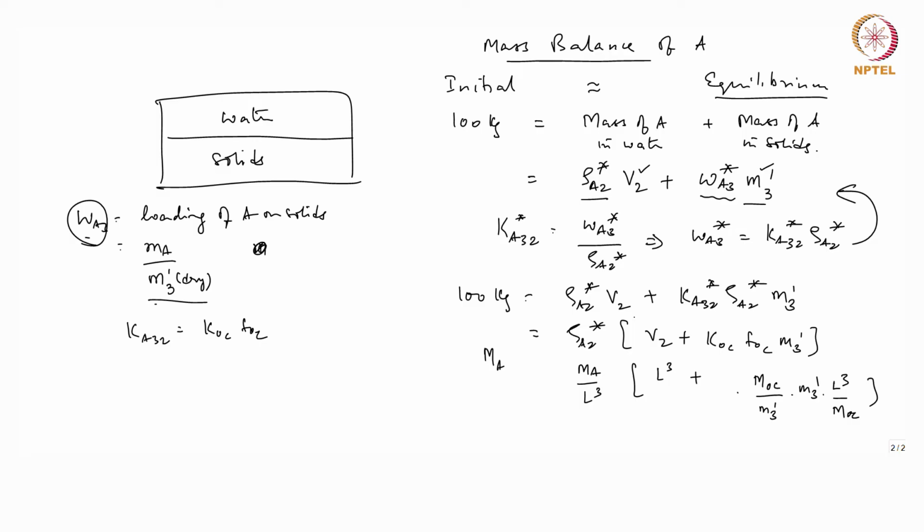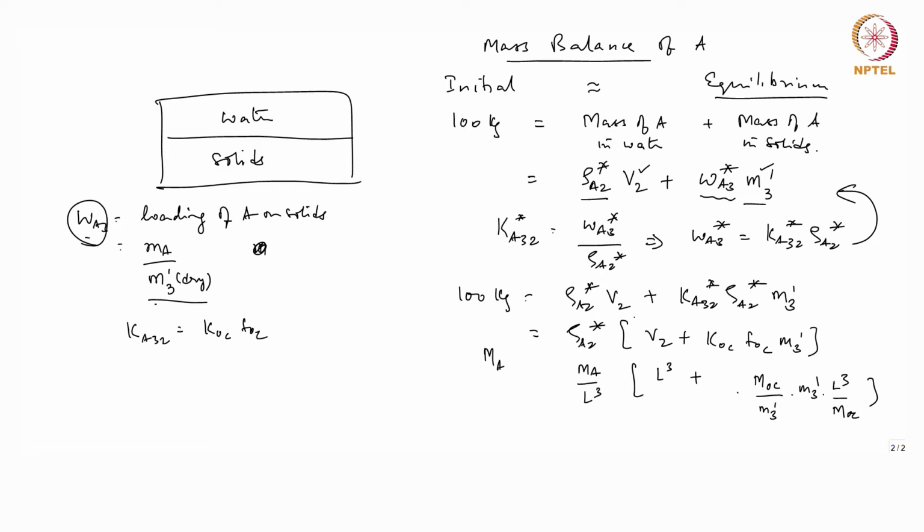Okay. Sometimes rho A2 star is also solubility, so we have solubility in this problem also, so that is why I keep it separately. That is also equilibrium, this is different equilibrium, that is different equilibrium. So, there is a lot of nomenclature problems there, that is why I put E here.